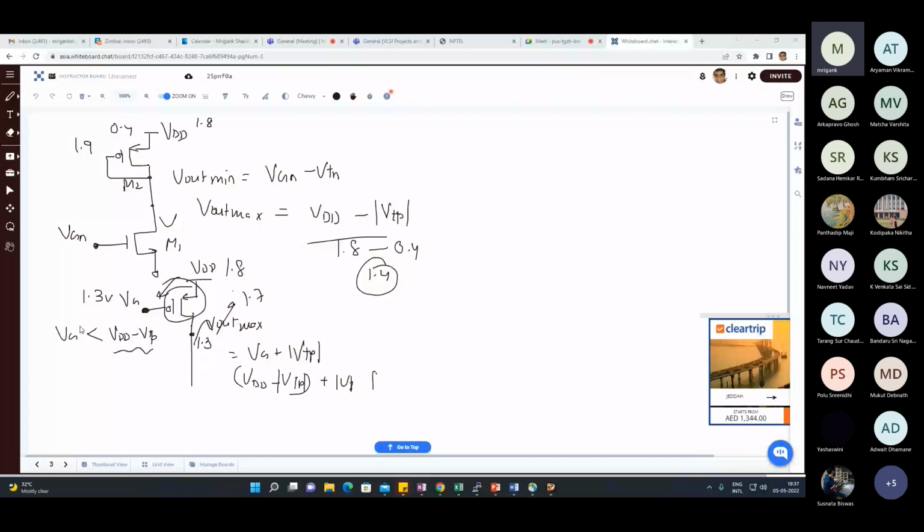Whatever is the VT, you can't go beyond VDD minus mod VTP. So looking at these practical numbers, you may get a significantly better swing on the upper side in the case of current source load as compared to the diode connected load.